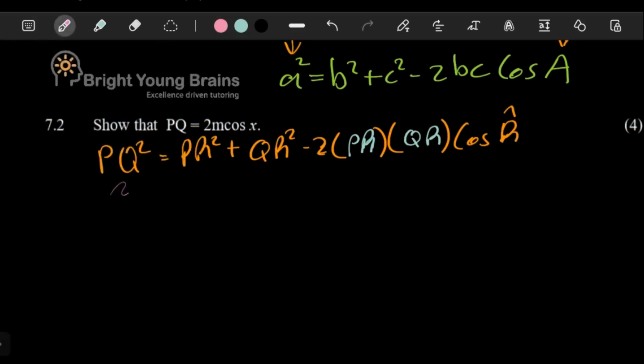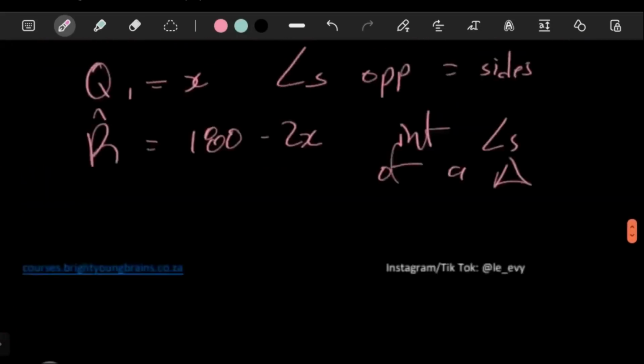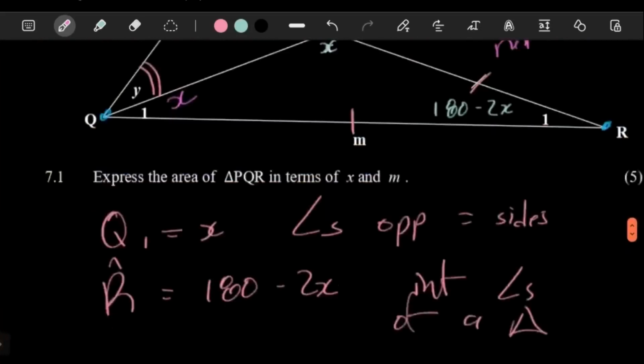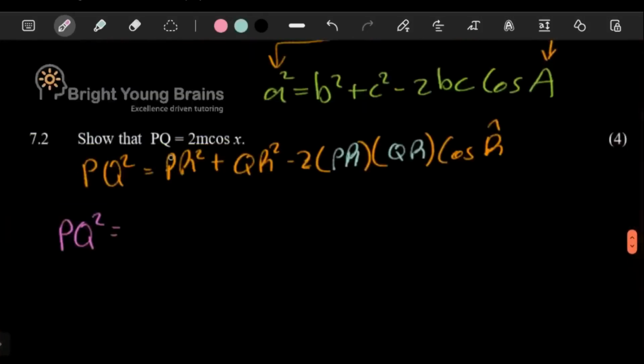PQ is what we're looking for. Where we don't have specific numbers, we just have variables, so it's M and M.